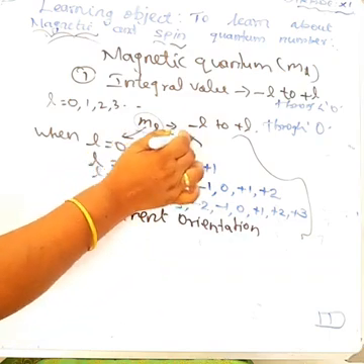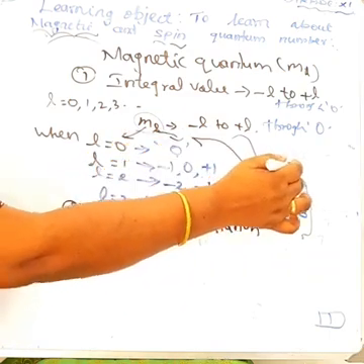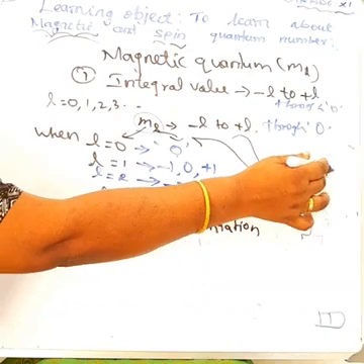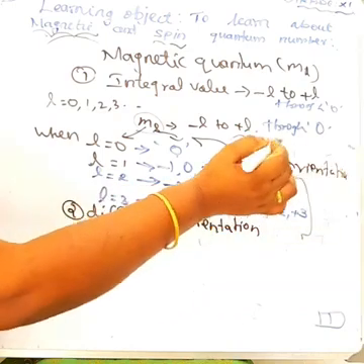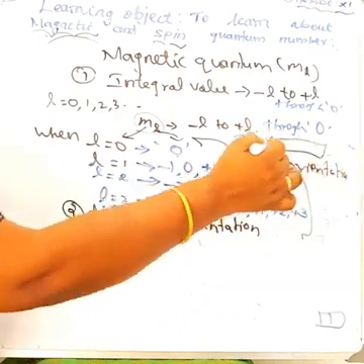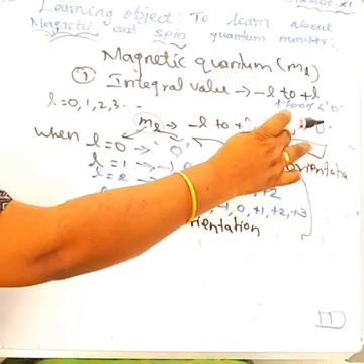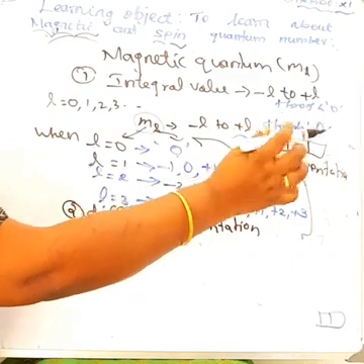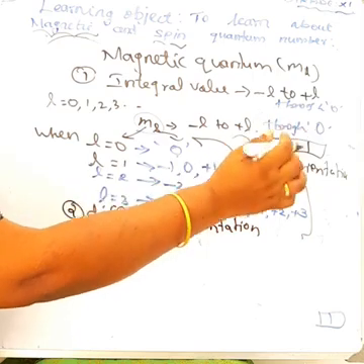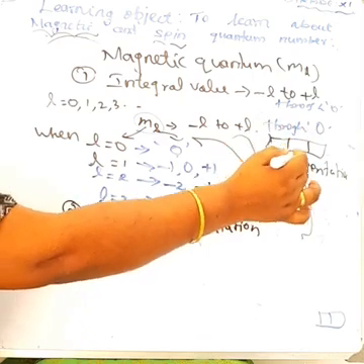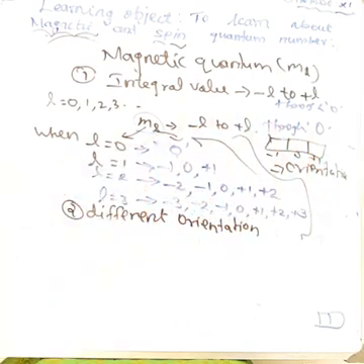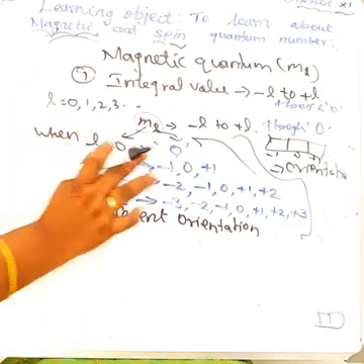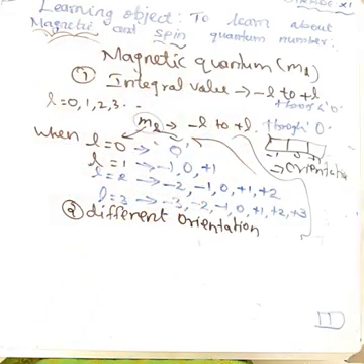For example, minus 1, 0, plus 1: L is equal to 1 means the p orbital. So for the p orbital, minus 1, 0, plus 1 are different orientations of orbitals. Understood? Okay, and what about the third point?